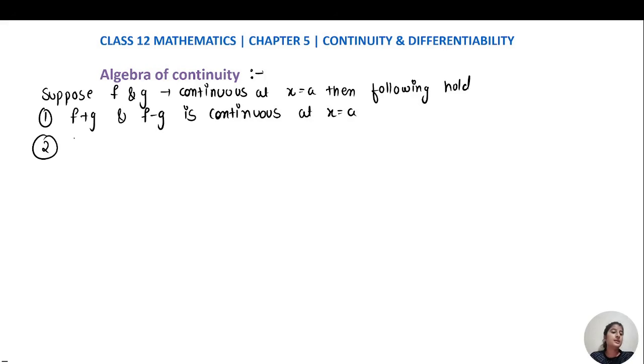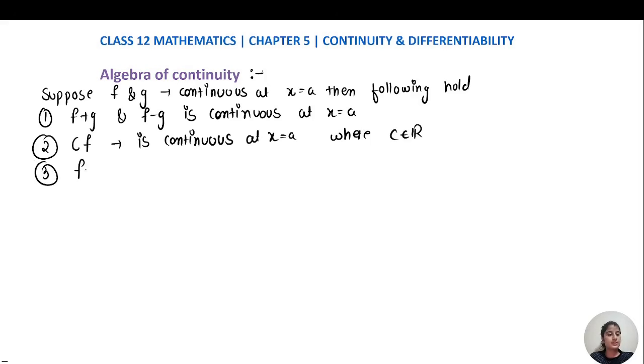Second, about scalar multiplication, c times f, where c is some real number, is continuous at x equals a. Then the third one is multiplication, that is f multiplied with g, defined as (f dot g)(x).